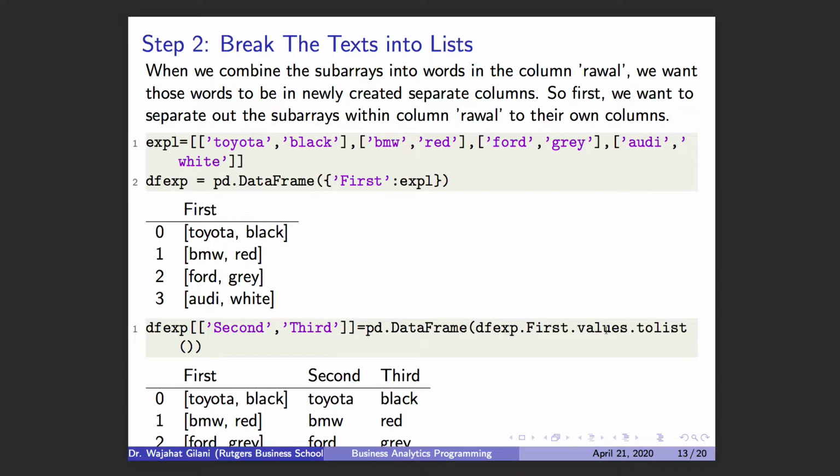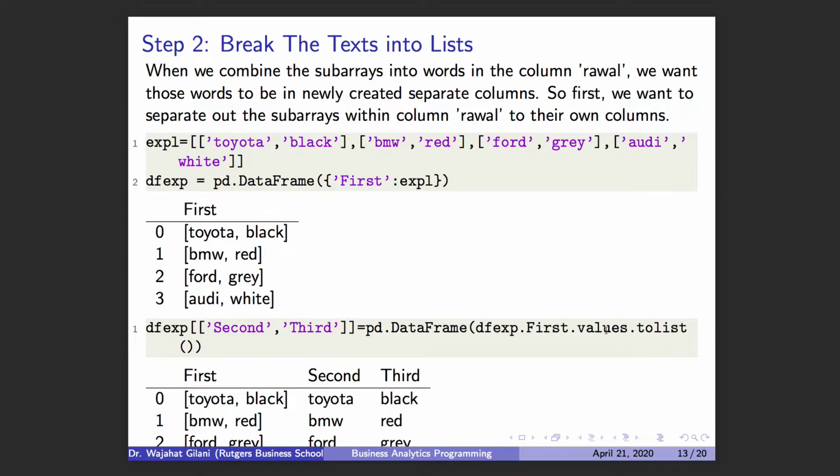Remember, when I do table dot column, that gives me a series. Table dot column dot values gives me the values of that series. And now when I do dot tolist, that converts those values into a list.